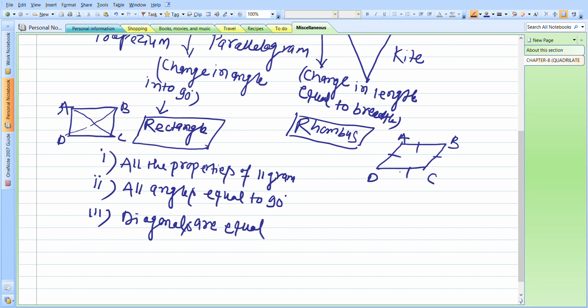When we talk about the properties of a rhombus, again, the first property is all the properties of a parallelogram. The second, additional property not in a parallelogram: all sides are equal, because you changed the length equal to the breadth.